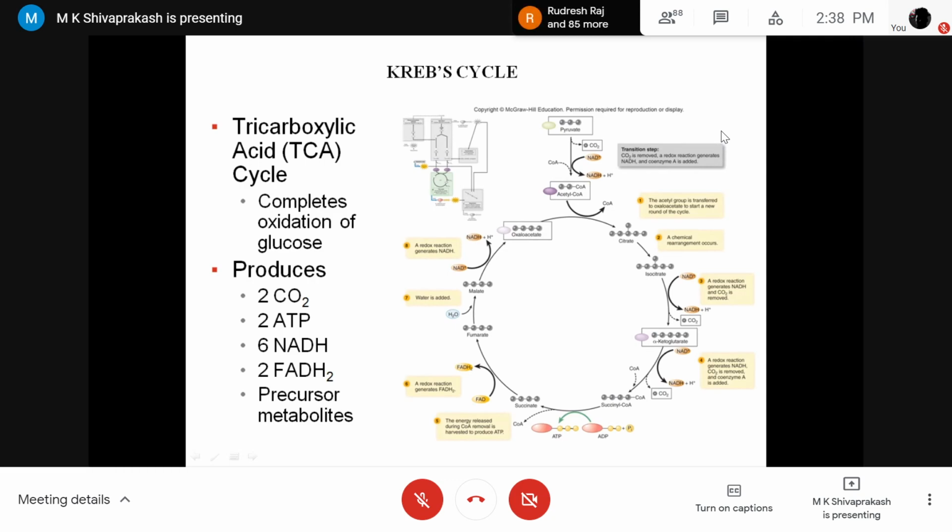This citric acid goes through many intermediates, because it is a cycle. It goes on forever. So the citric acid becomes isocitric acid, then alpha ketoglutaric acid, then succinyl coenzyme A, then succinic acid, then fumaric acid, then malic acid, then oxaloacetic acid again.